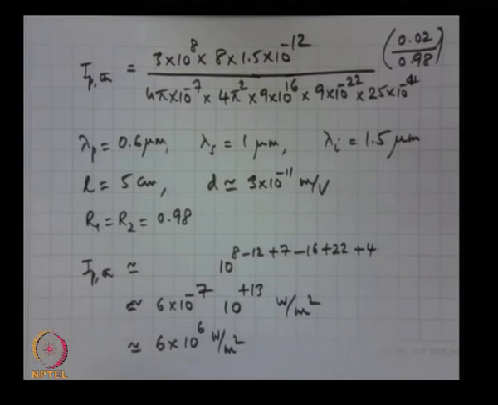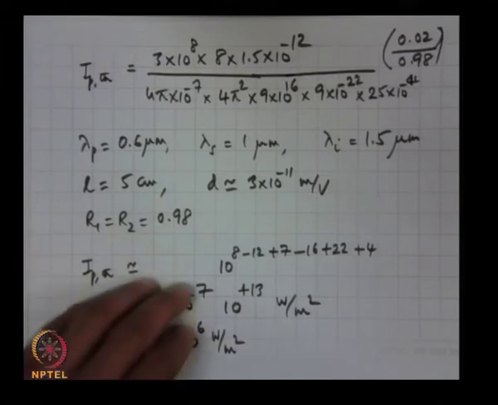So what is the power required? How do I estimate? I must have some area. What area do I take? 1 centimeter square? That's large. Usually laser beams are much smaller in size, few millimeter. So let me take 1 millimeter square area.